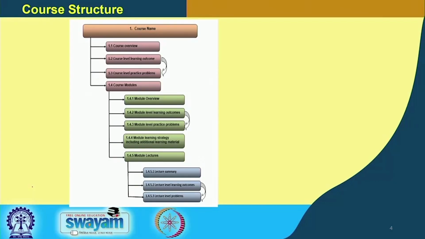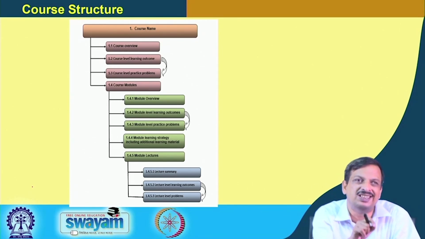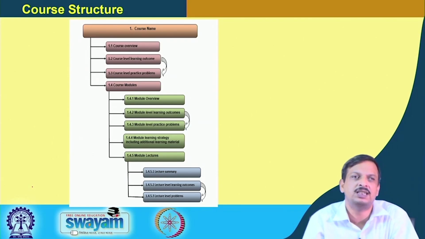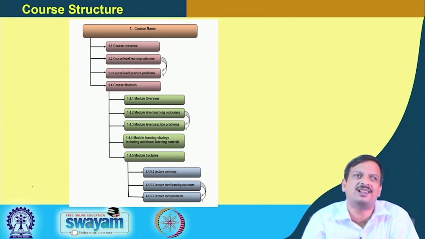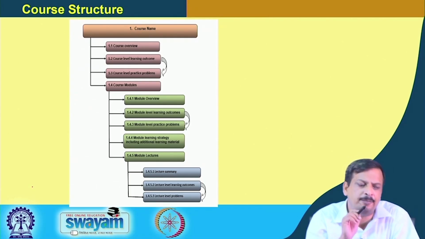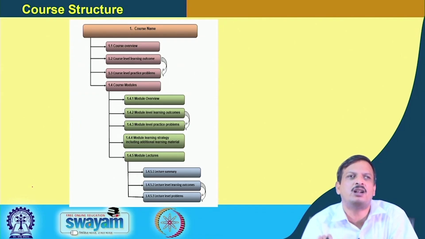Similarly, each and every course for a particular program has to be designed in an outcome based curriculum structure, which I will discuss. When I explain, I will show you what the points are, and everything has to be developed before you start the course.